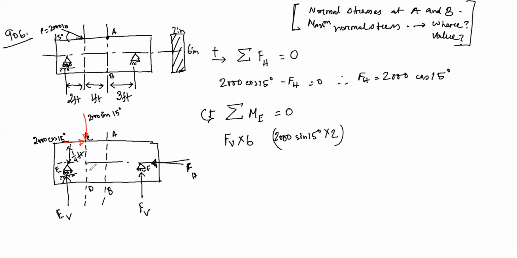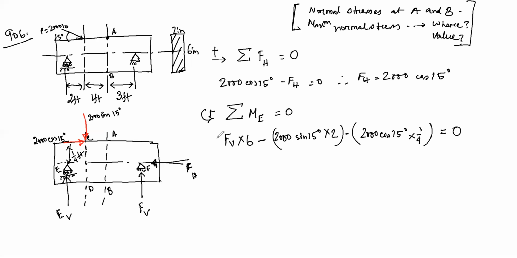This one gives you the clockwise direction, sorry, so this will be negative. And another one is 2000 cos 15 degrees, which is horizontal loading, so the distance will be vertical, so 1 by 4. As this one also gives you the clockwise, it is negative. EV is acting on the same line of action, that means no horizontal distance is there, so EV into 0, so that makes 0.